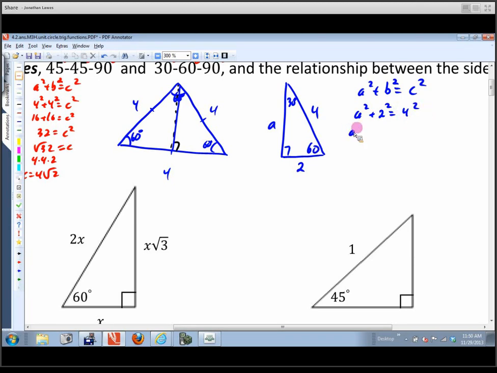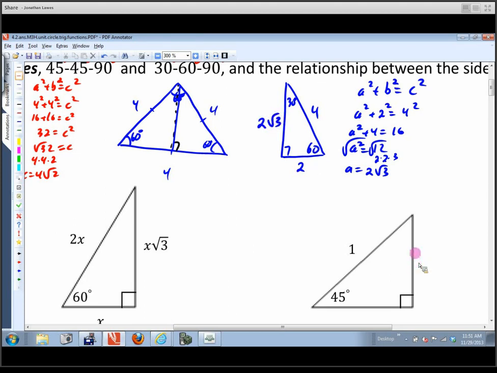So I get a squared plus 4 equals 16, so a squared equals 12, and then I take the square root of both sides. This is going to be a 2 times a 2 times a 3, so a equals 2 radical 3. And I don't have to worry about the plus or the minus because this is the side length on a triangle. It certainly couldn't be negative. So I'm going to go ahead and erase this, and this is going to be 2 radical 3.